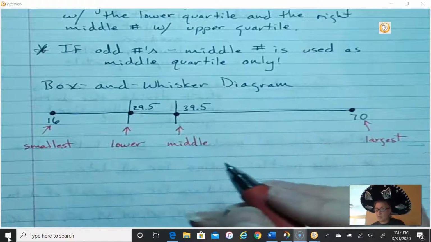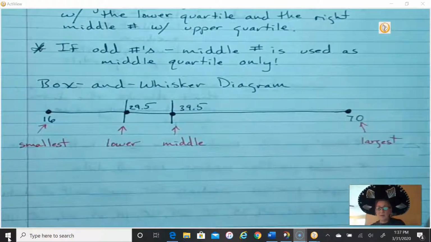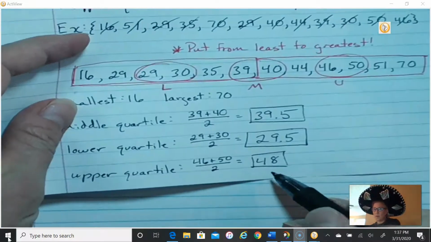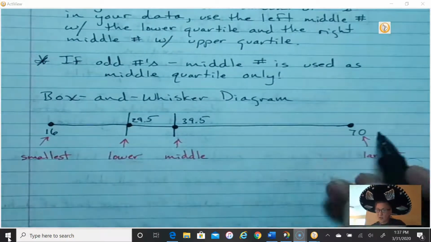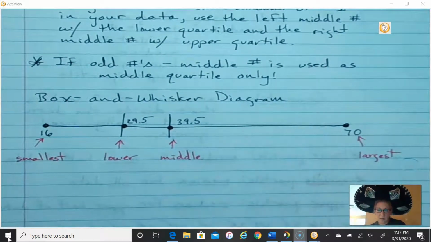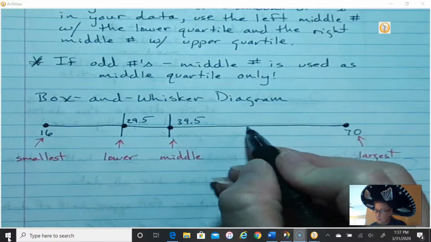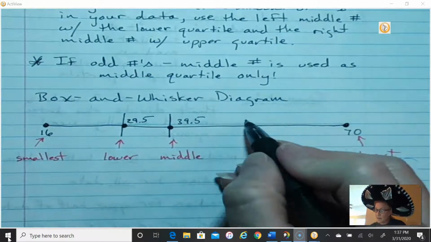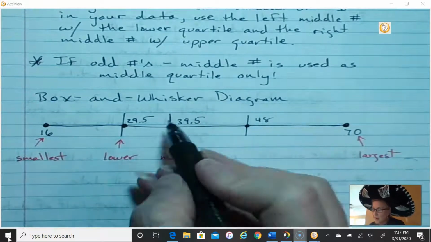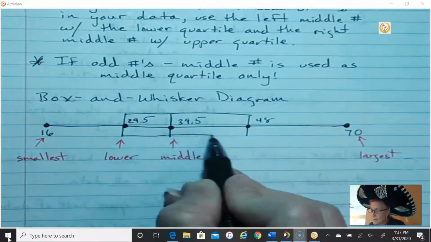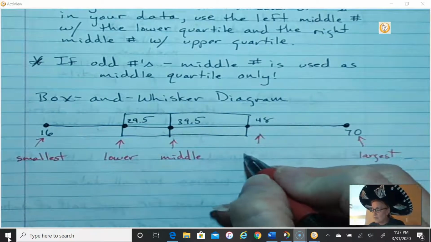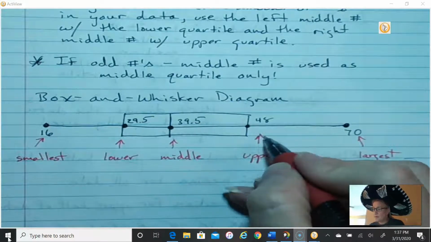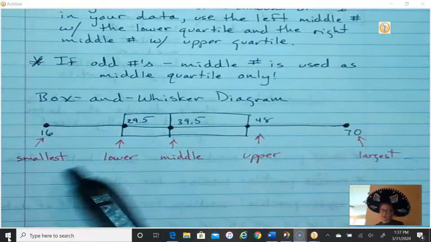Remember, middle quartile. So now we're left with our upper quartile. If you look back, our upper quartile is 48. So, somewhere between here and here, we got to figure out where 48 is. Let's just go ahead and put it right about here. All right, connect. And there's your box and whisker.